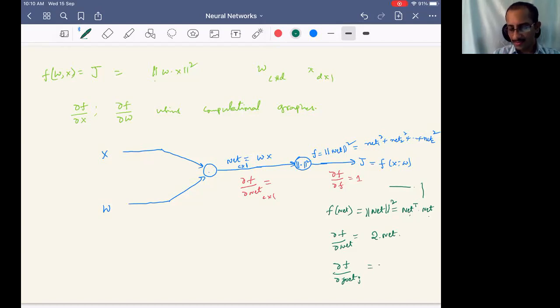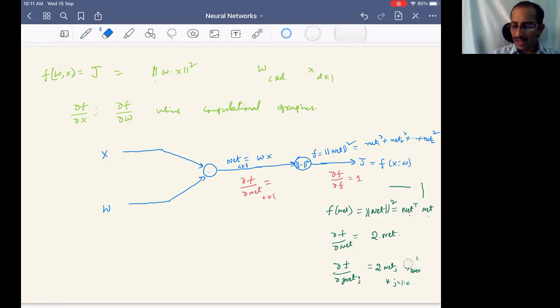It is 2 into net j, and for all j, from 1 to c, this is valid. This implies ∂f/∂net equals 2 into net. This is the other way of doing it.